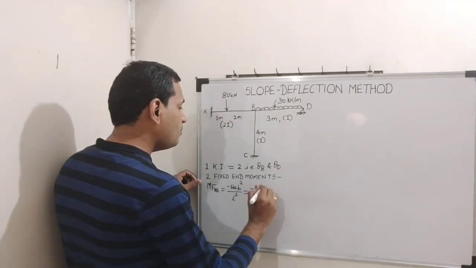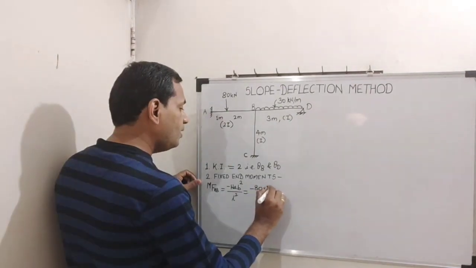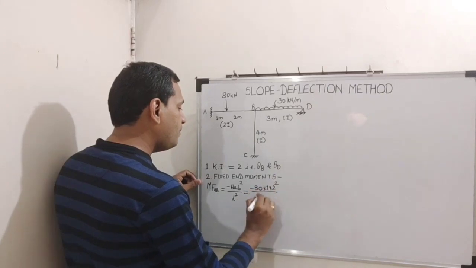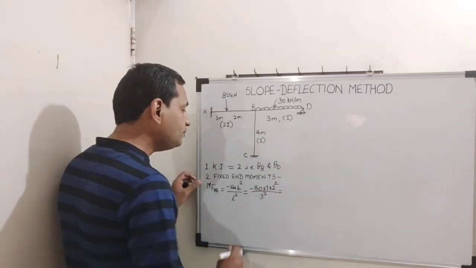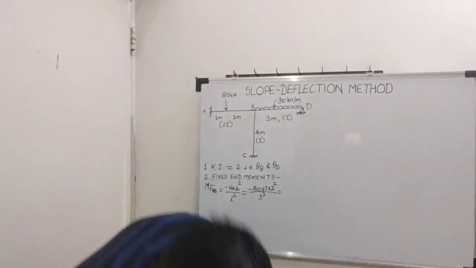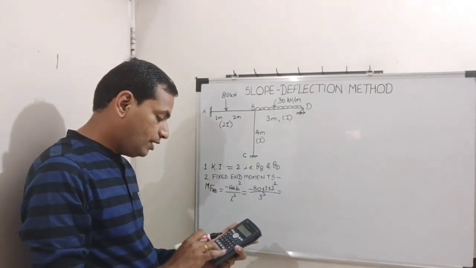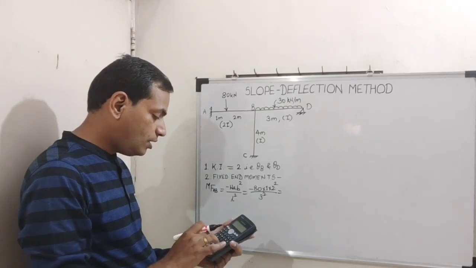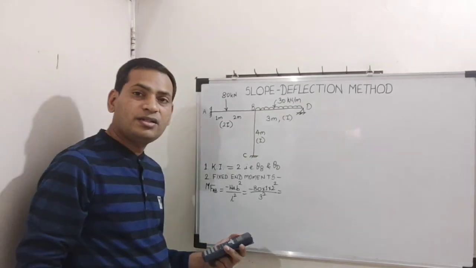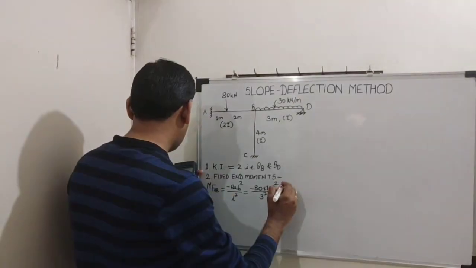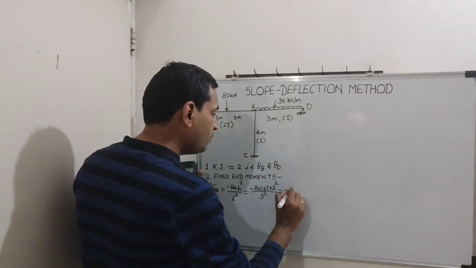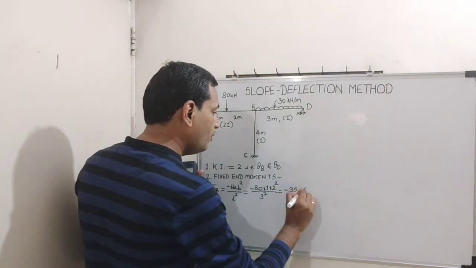Substitute the values. Minus 80 into 1 into 2 squared divided by 3 squared. So let us calculate. So 80 into 1 into 4 upon 9. So it is minus 35.56 kilonewton meter.